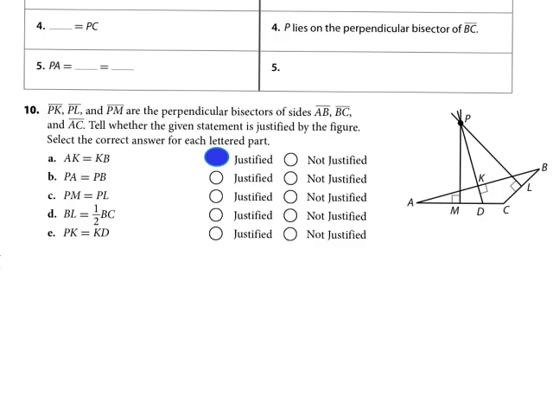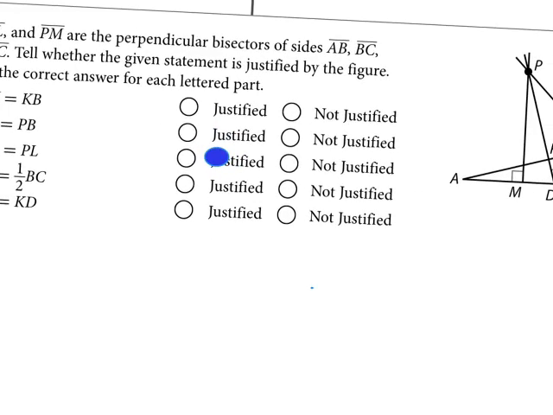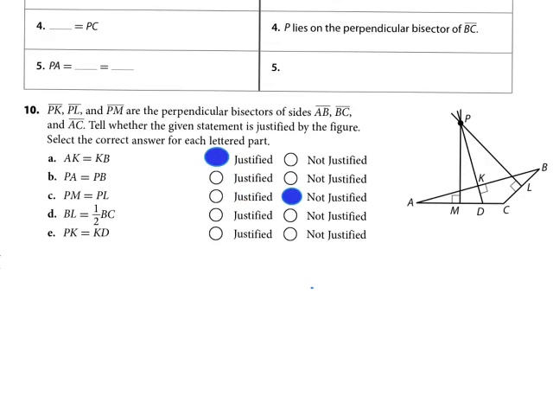Next, I'm going to do C. On C, it says that PM should be equal to PL. Now, that one is actually not justified. It is not justified because those are two different perpendicular bisectors.